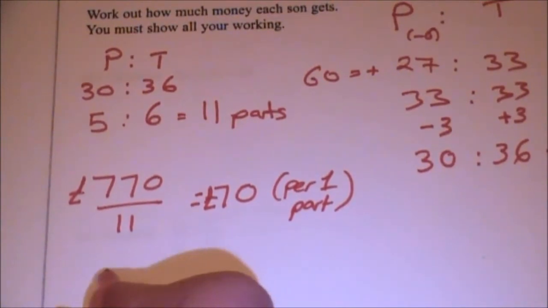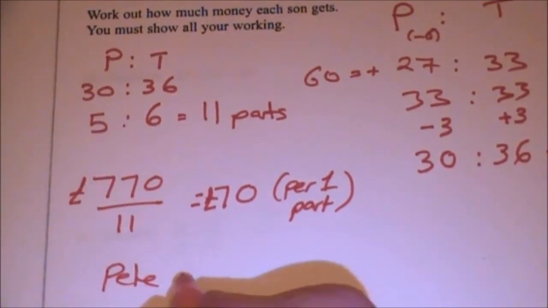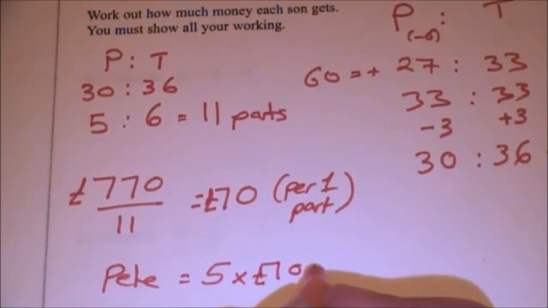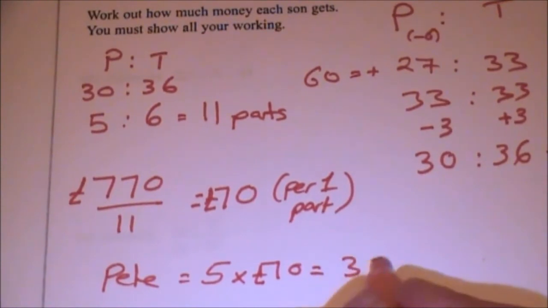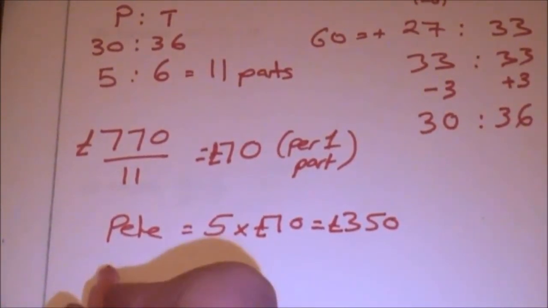Now let's think of Pete again. Pete had 5 parts, so Pete has got 5 lots of £70. So Pete has £350.